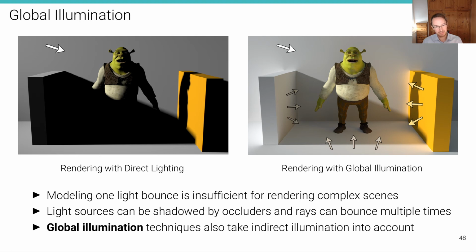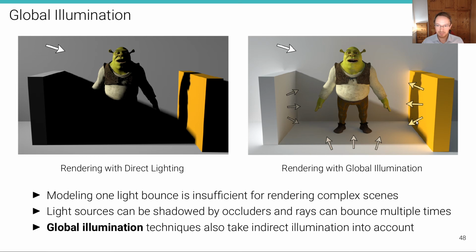Now, light does not only bounce from surfaces once, but it actually bounces from one surface and might reach not directly the camera, but might reach another surface. And it's important to model these effects, and that's called global illumination in computer graphics. And here's an example. So here's a light coming from this direction, and this is a rendering without global illumination, which looks quite unnatural.